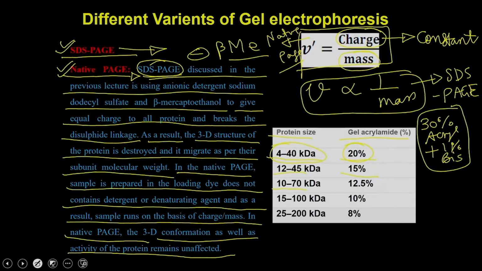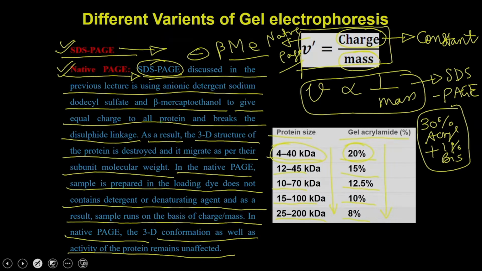If you go to 10 to 70, you can use 12.5%, if 15 to 100, you can use 10%, and if you are working in the range of 25 to 200, you can use 8%, which means as the molecular weight increases, you decrease the acrylamide.